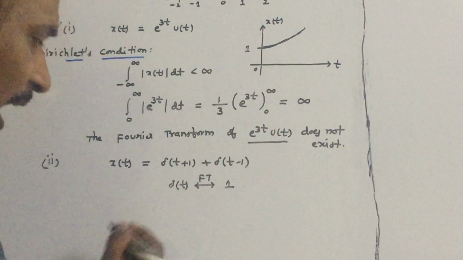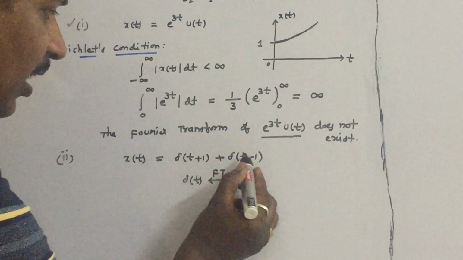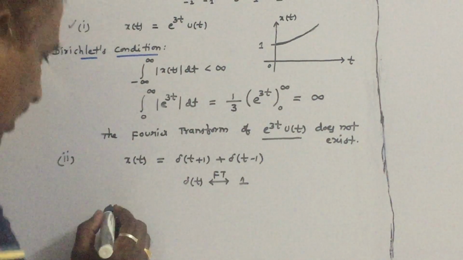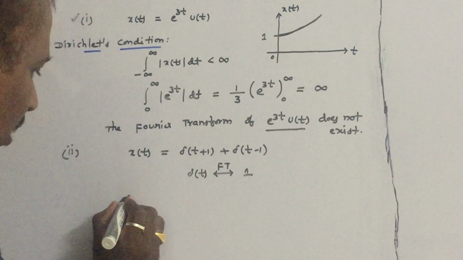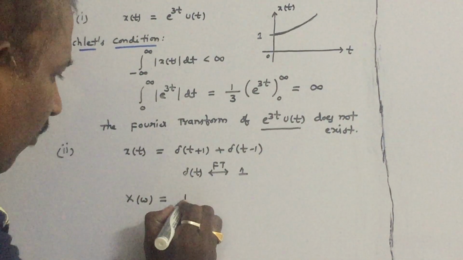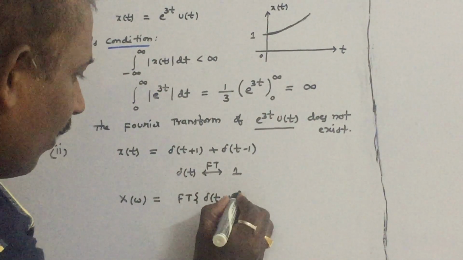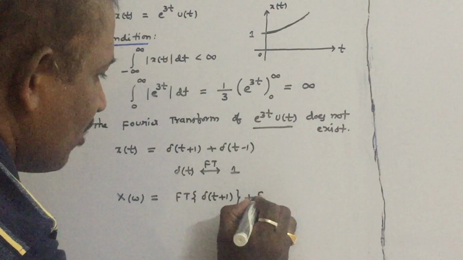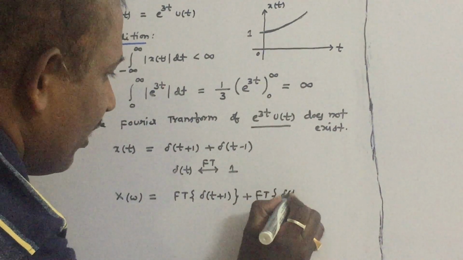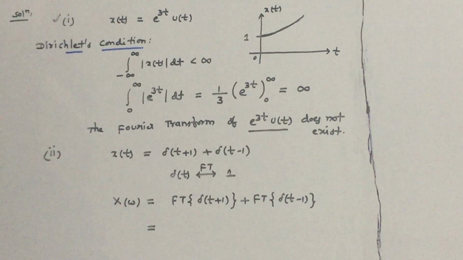And one more, use the time shifting property to solve this, del of t plus 1 and del of t minus 1. So let us see, taking Fourier transform on both sides, X of omega will become the Fourier transform of del of t plus 1 plus the Fourier transform of del of t minus 1. So let us see what will be the answer.